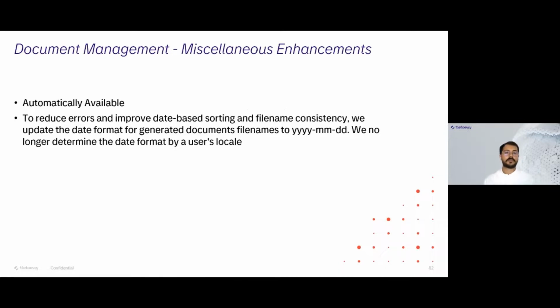Then we have document management miscellaneous enhancement. What has been done is that in the date format for generated documents, they have now given a fixed convention, which is YYMMDD. They no longer take the display locale of how it looks for different individuals, like for India it is DDMMYY, for some other location it is MMDDYY.